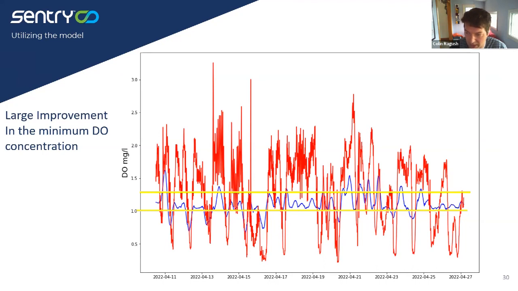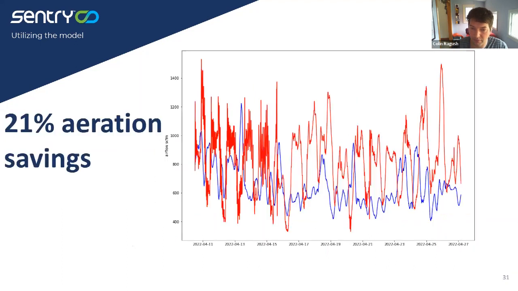And those big drops that are sometimes concerning because they're getting into the anaerobic, or I guess anoxic, condition aren't nearly as severe. So this is what we project you would need in the new aeration that was seen to improve the dissolved oxygen. And when you run the numbers, we estimate the opportunity is to save 21% on aeration based on just the airflow. And we don't see nearly the drops that we saw, which is also a good sign.